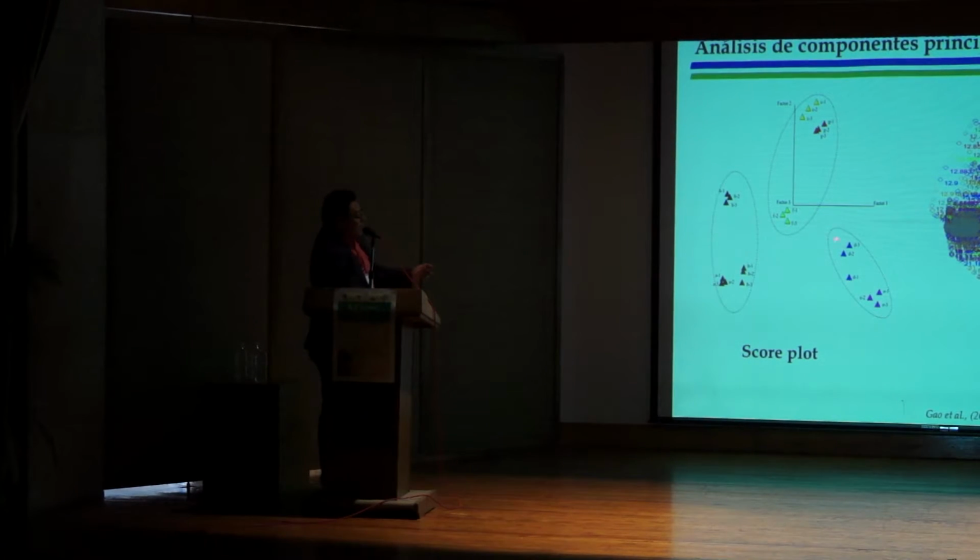For example, here I could see that I have 3 clusters of data, and at the same time I can know which variables are influencing that they are close together. For example, I can say these plants are together because they have these variables that make them unique.